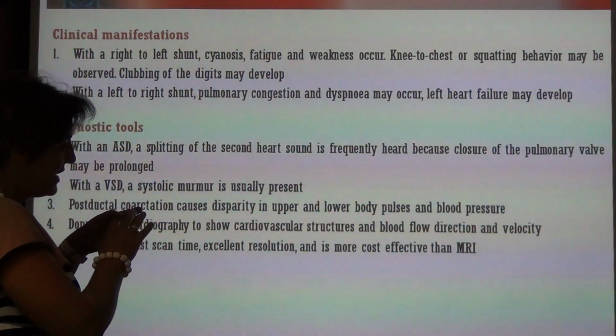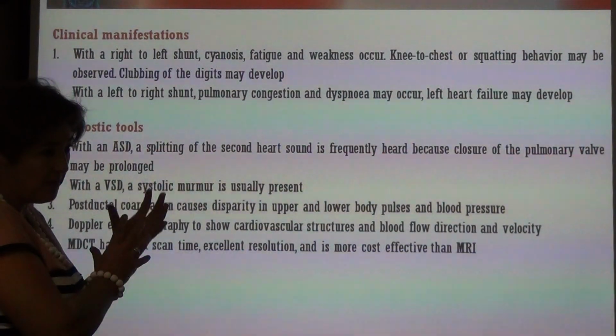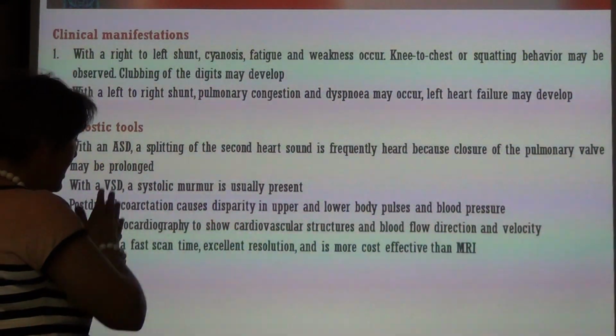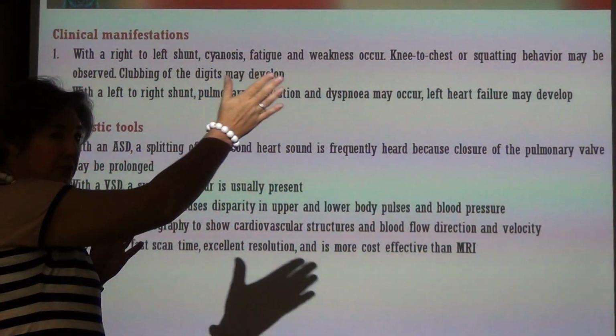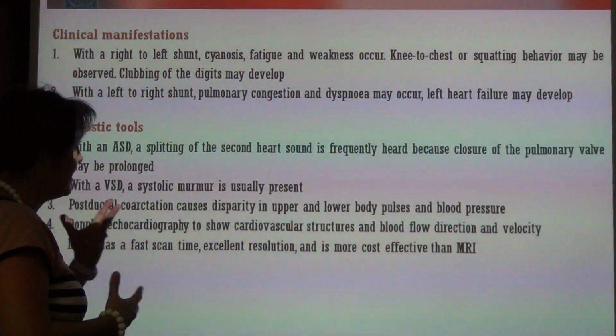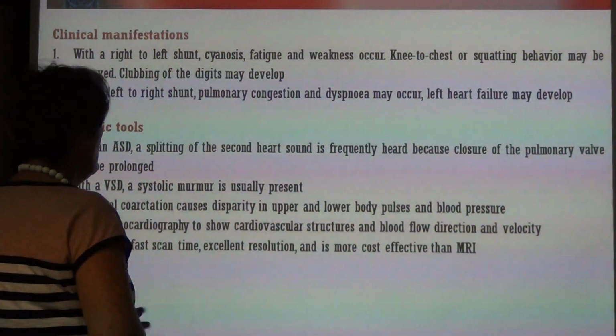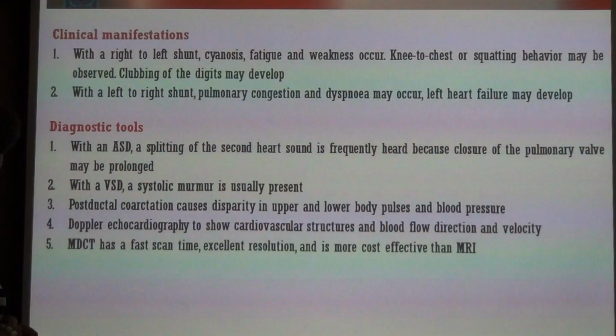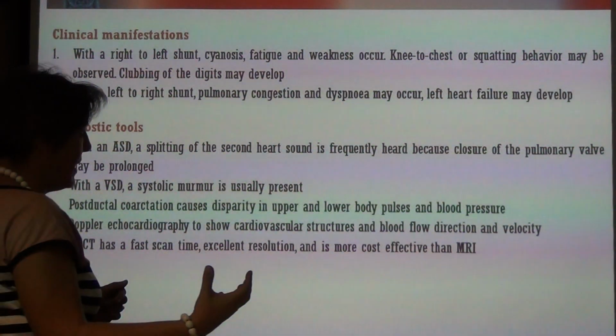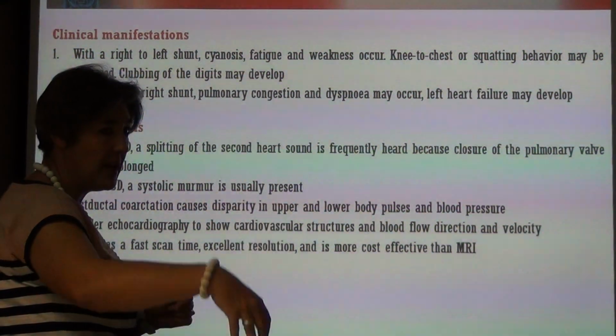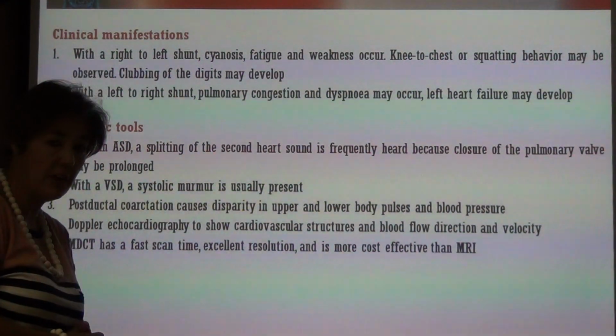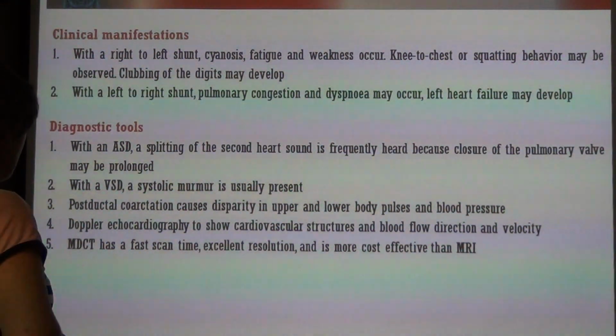Now that means that the right heart can only take that amount of blood, so there can be pushing of blood back into the lungs, which will then end up in this pulmonary congestion or dyspnea. Okay, if there is not an adequate amount of blood in the left side to be expelled, your patient can also go into left heart failure.